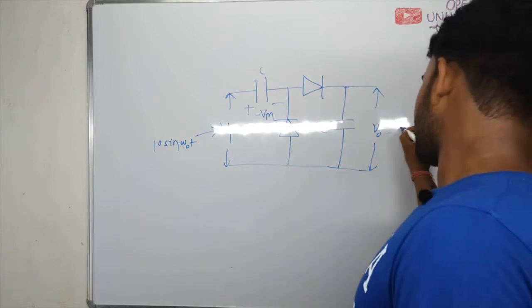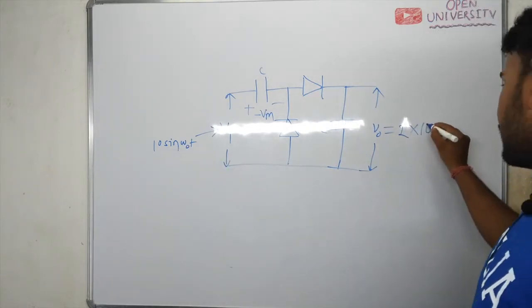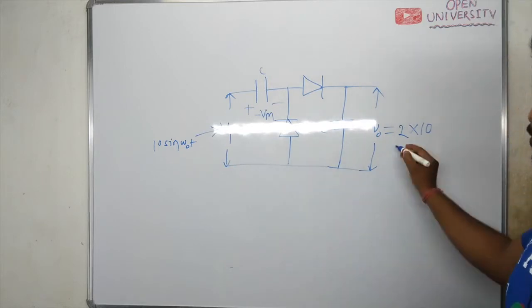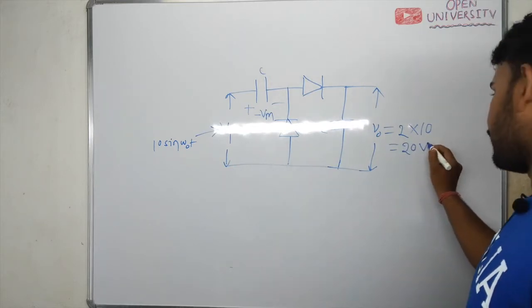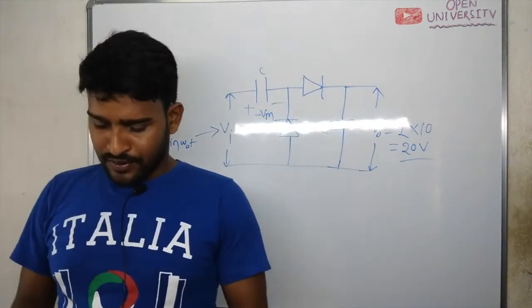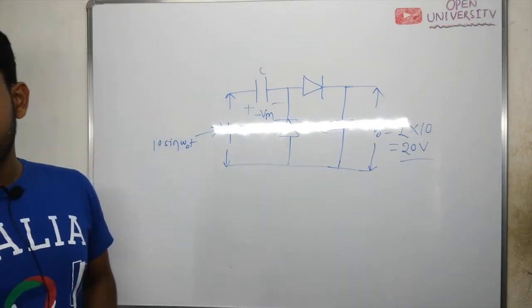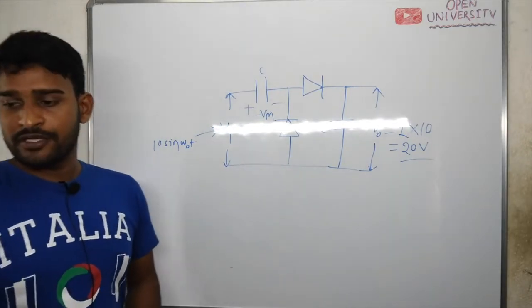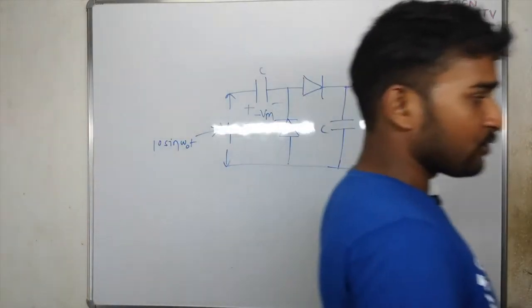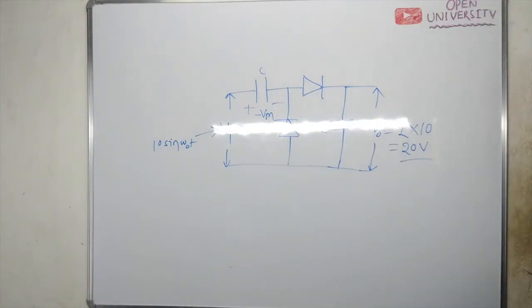Two times the peak input value, 2 Vm. What is the maximum value of input voltage? 10 volt. So V naught equals 20 volt. So this is the answer to the question. If input voltage is 10 sin omega naught t, then the output voltage of the circuit will be 20 volt.